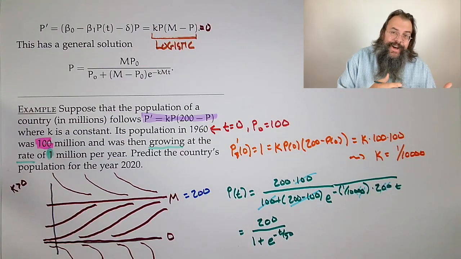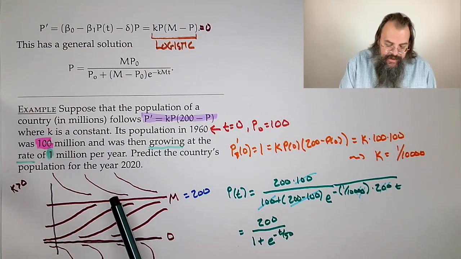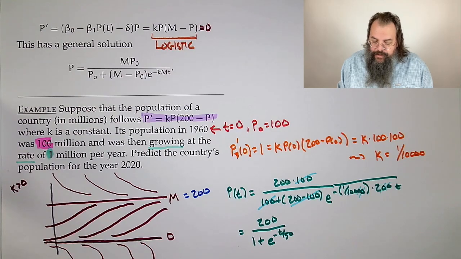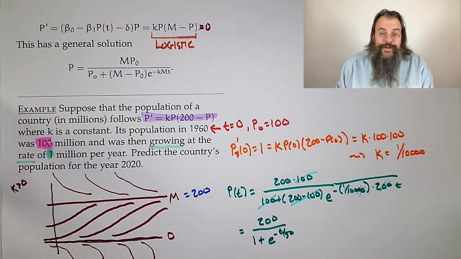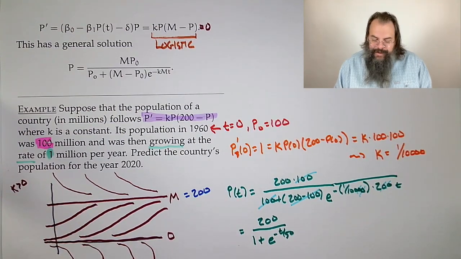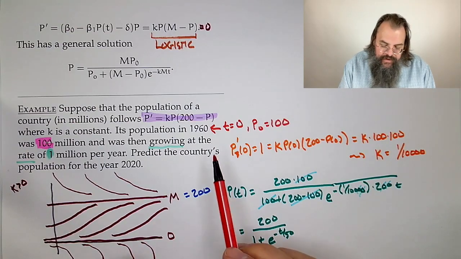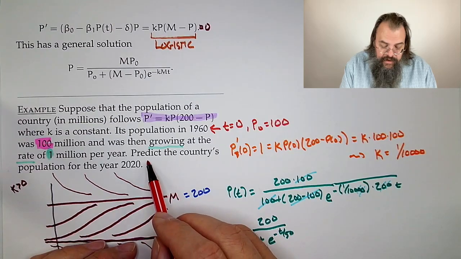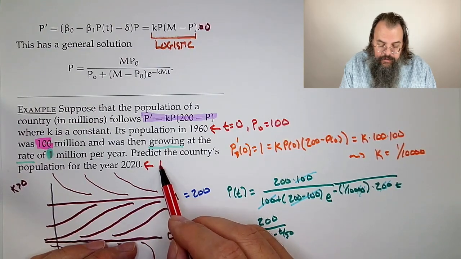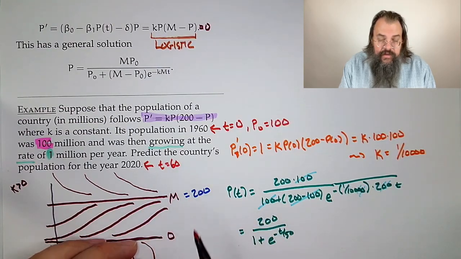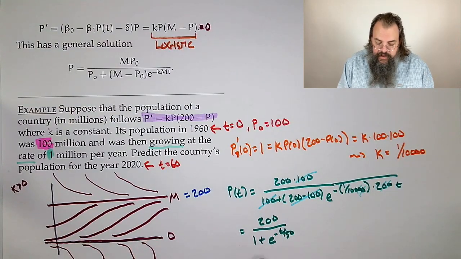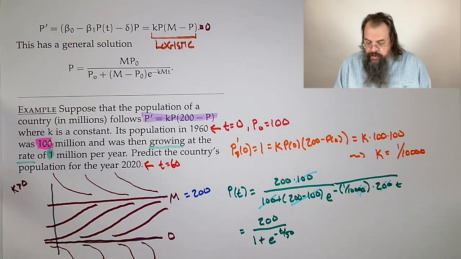What do we want? Well, we want our population in the year 2020. Okay, well, so do we plug in 2020? No, no, be careful, because remember, we reset. So 1960 corresponded to time equals 0, so this says 2020 would be at time 60. So we'll plug 60 in, and let's see what we get.